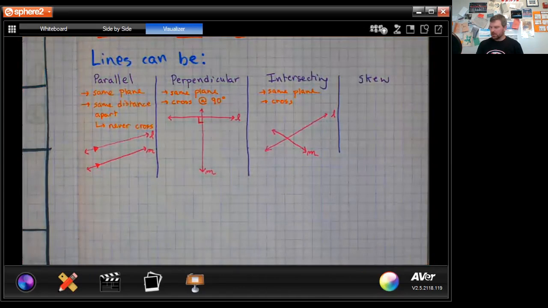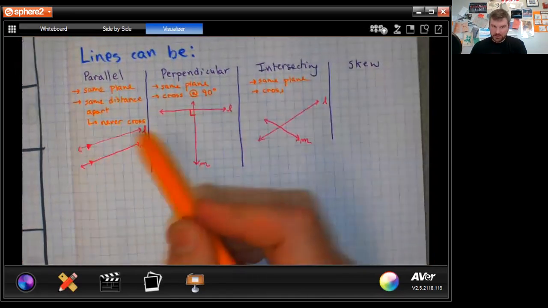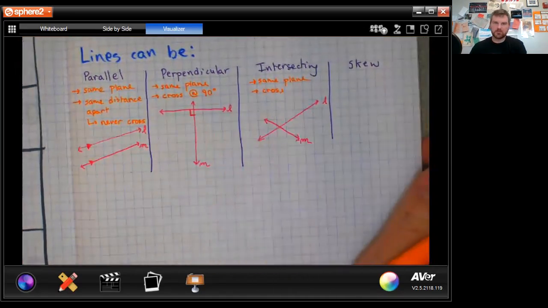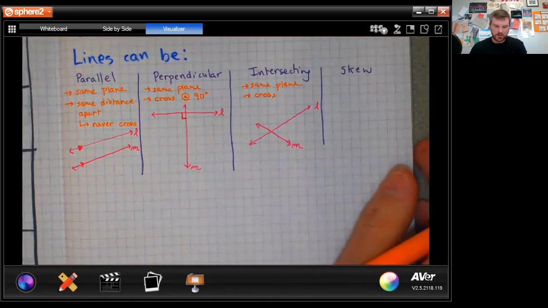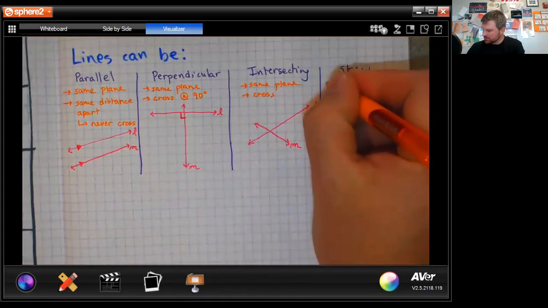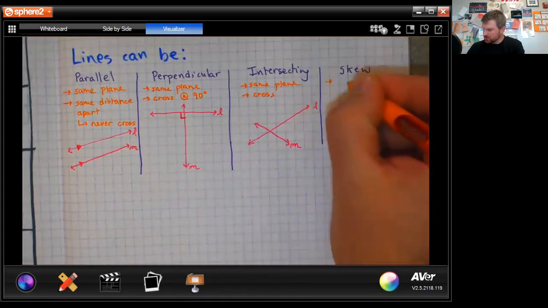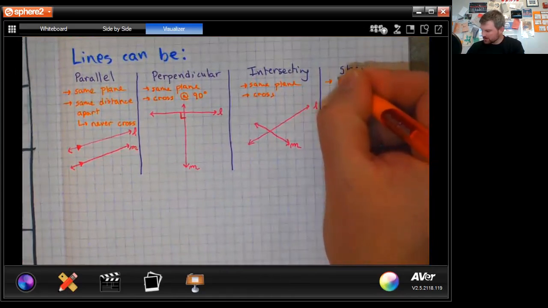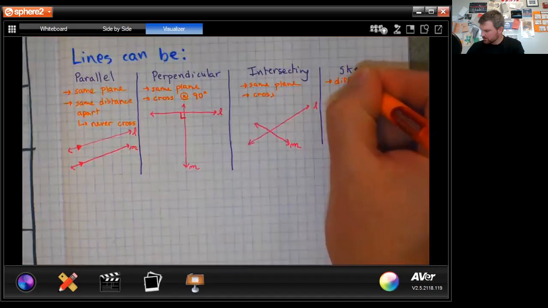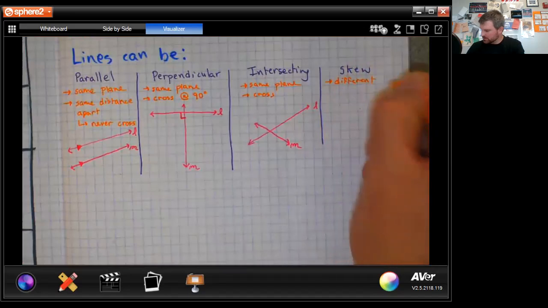Okay, and the last one is skew lines. Now, these three things had something very common together, and that is that they were on the same plane. So skew lines are actually on different planes.